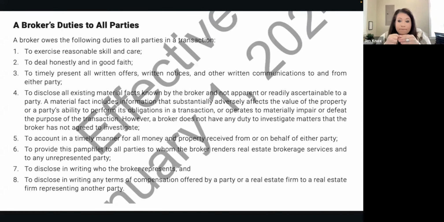Also, we need to account for any money. Thank goodness we don't collect the money. I think everybody in the Madrona group is on the same page with the money, earnest money going directly to whoever that closing agent is or whoever the party is who is holding the money. If you happen to get earnest money, make sure you're actually receipting it out with the proper form.